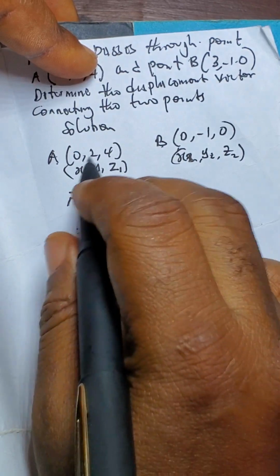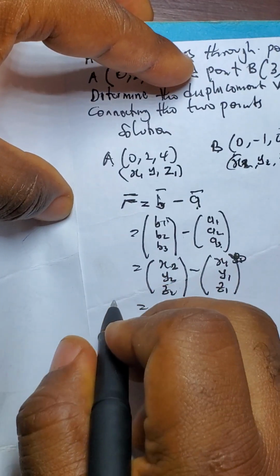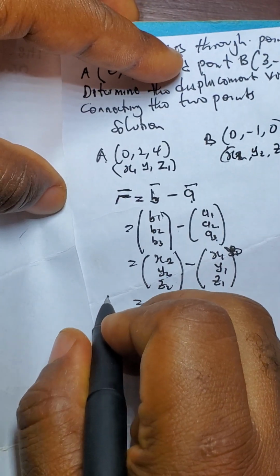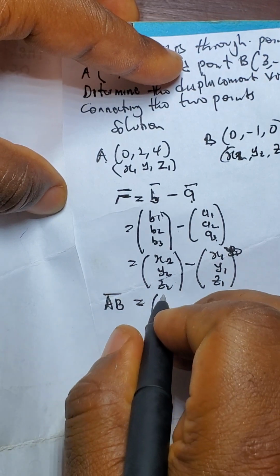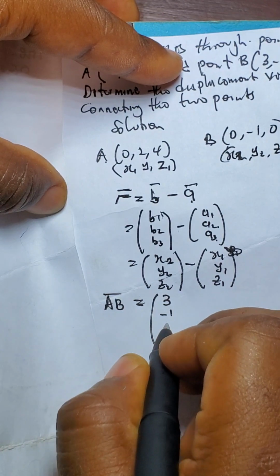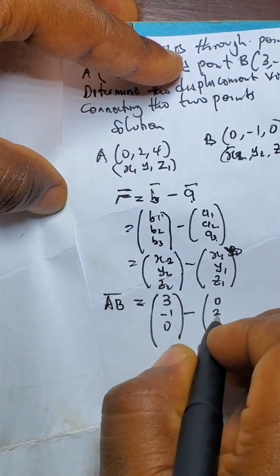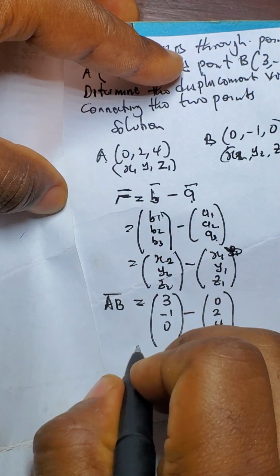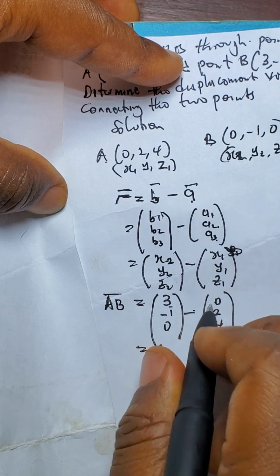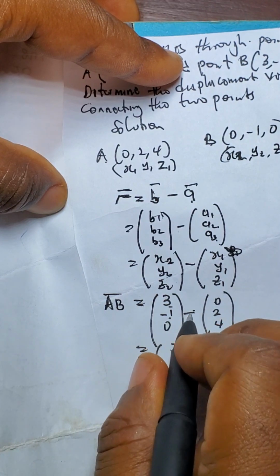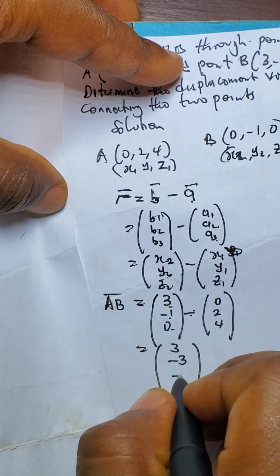So we can now substitute the values into this expression. The displacement vector AB can be taken as 3, -1, 0 take away 0, 2, 4. So we write the final answer as 3 minus 0, that is 3, -1 minus 2, that's -3, 0 minus 4 gives us -4.